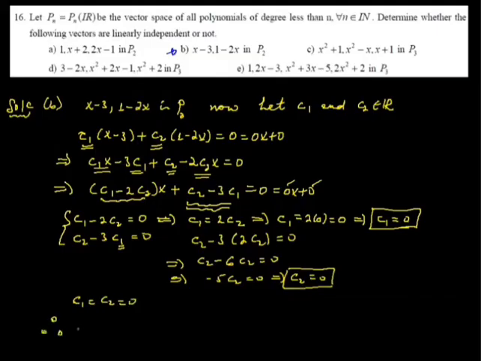Therefore by definition the given polynomials x minus 3 and 1 minus 2x are linearly independent እንላለን.